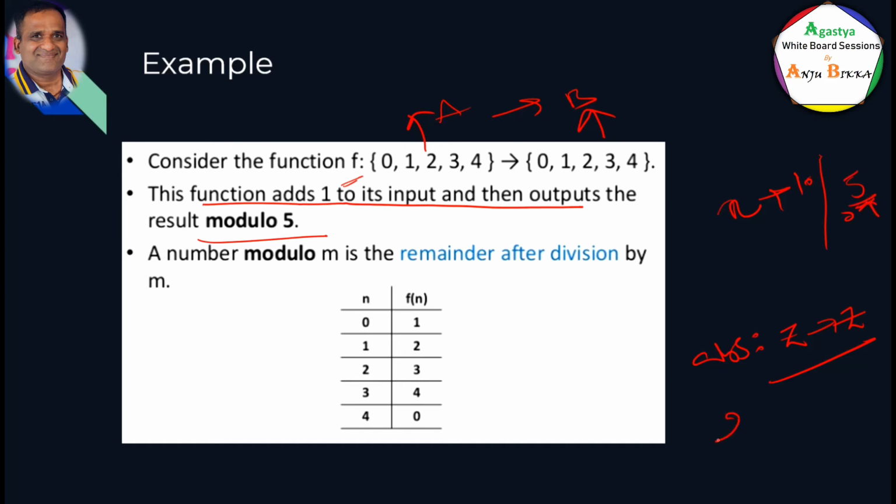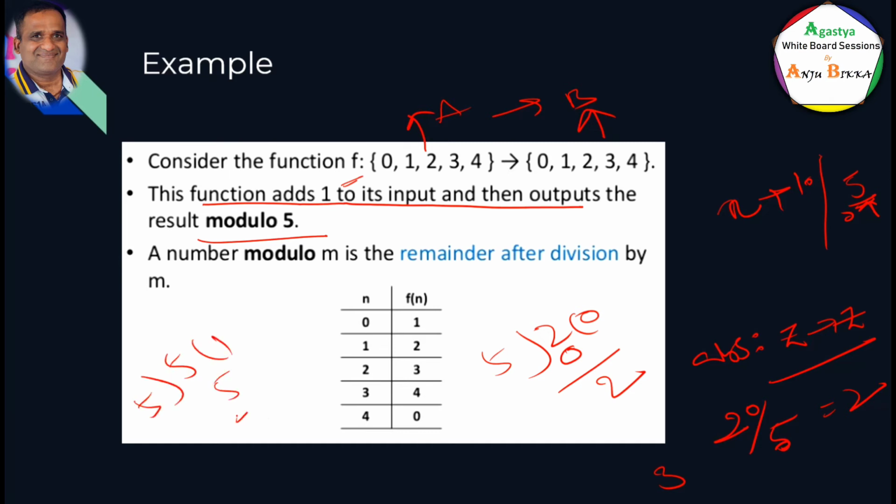For example, 5 divided by 5 is 1 with remainder 0. Then 6 divided by 5 is 1 with remainder 1.